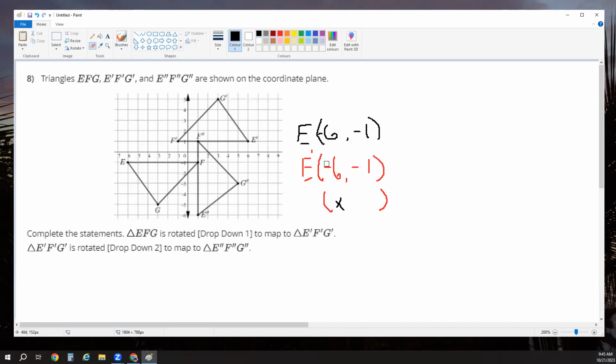Pop it down again. This is -1, -6. Let me go check this one. -6, -1. And then this, oh, that's E double prime.